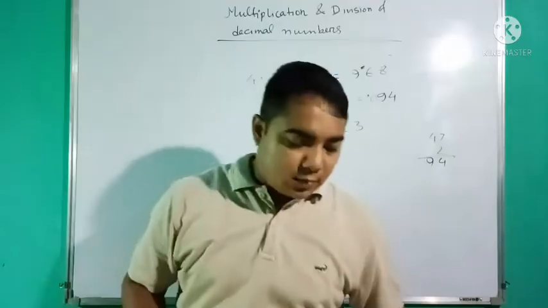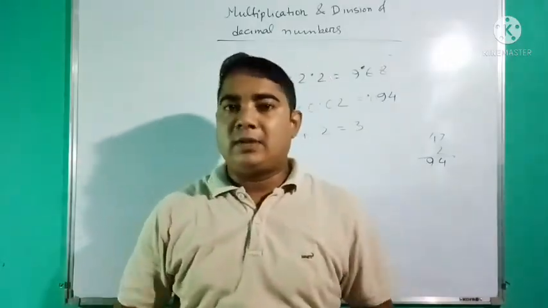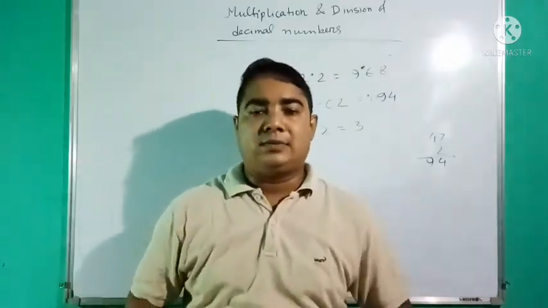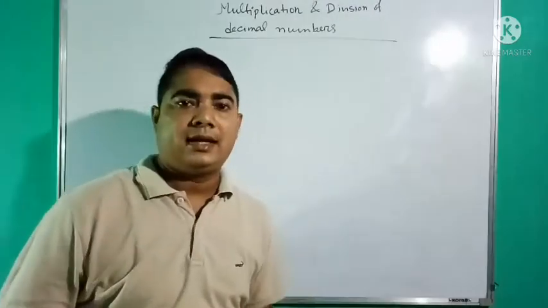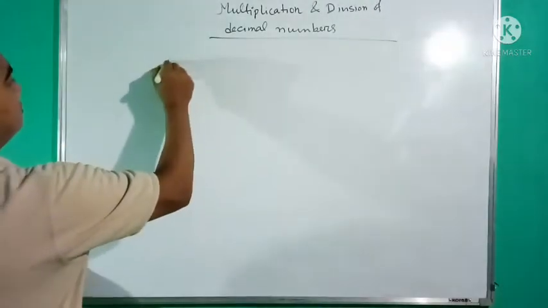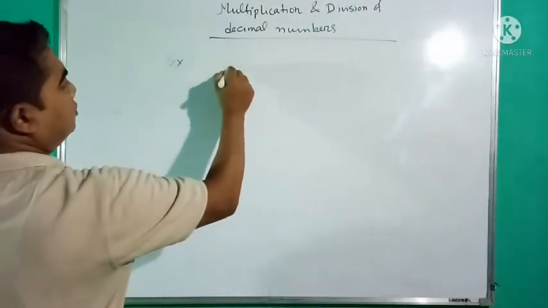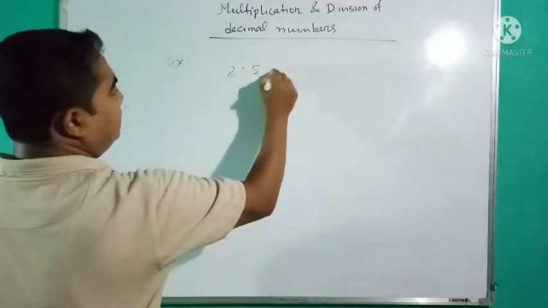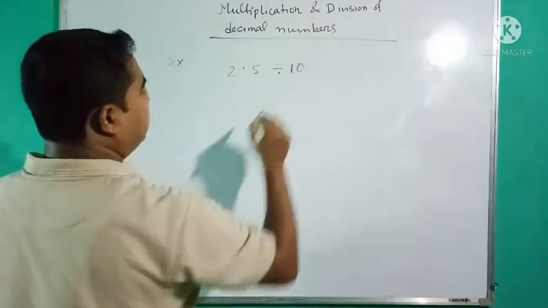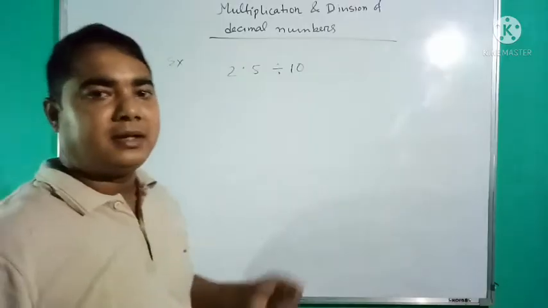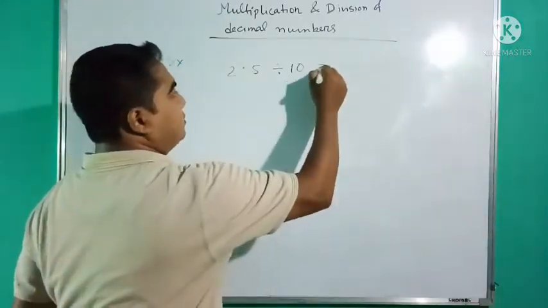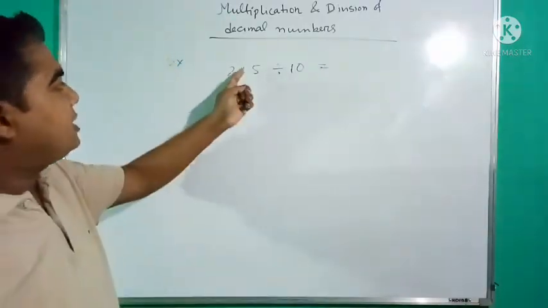Next, divide a decimal number by another number. Let us take an example. 2.5 divided by 10. Then find the answer. See, here how many decimal places?